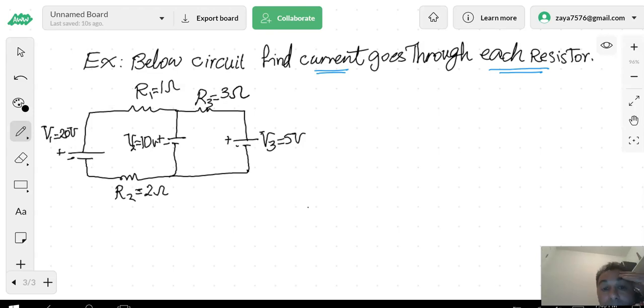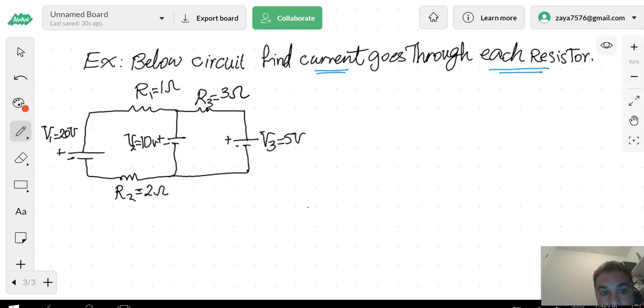Okay, what do we have to do? First of all, you have to verify junctions. How many junctions do I see in this circuit? How many loops do I see in this circuit? I see two loops.